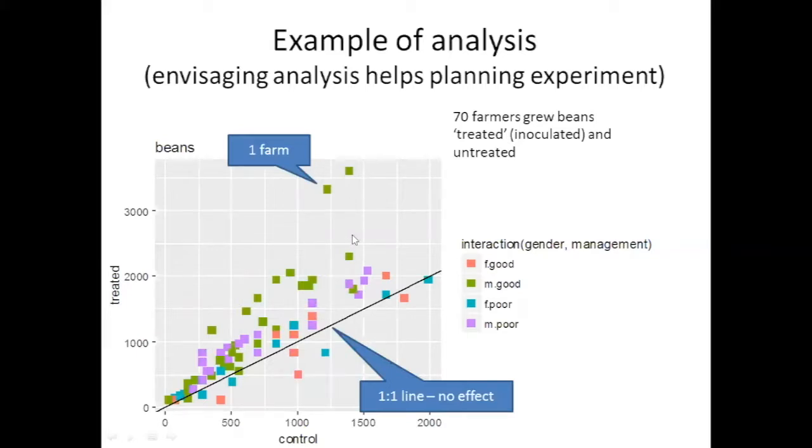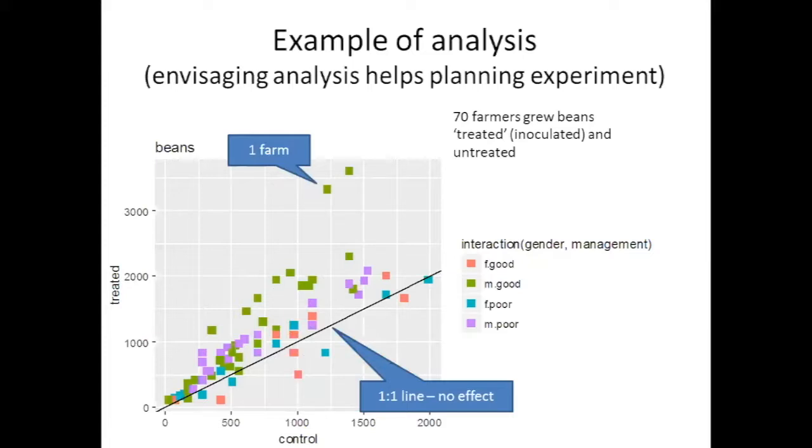So the point is that we're finding that both gender and how good the management was are factors that are helping explain or understand variation between these farms and these farmers. And those are really important findings.